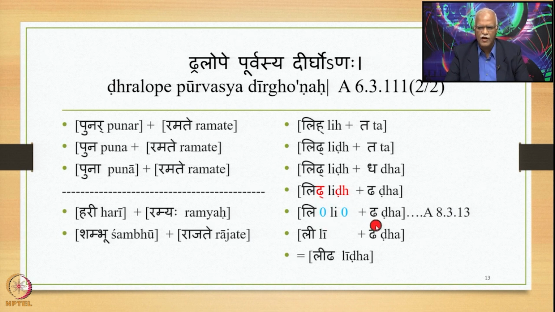So when this environment follows, the previous vowel is lengthened. So we have lidh, as the kridanta pratipadika, the finally derived output of this derivation process. This is how dhralope purvasya dirghonaha applies, and the final output in case of punarramate is punaramate.